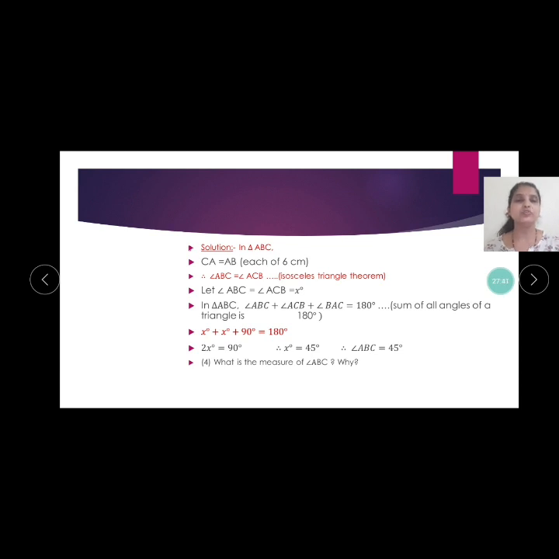So we have supposed two angles as x. So x plus x plus 90 equal to 180. 2x is equal to 90 degrees. So x will be equal to 45 degrees. Therefore, angle ABC is equal to 45 degrees. Okay. Similarly, angle ACB is also equal to 45 degrees.